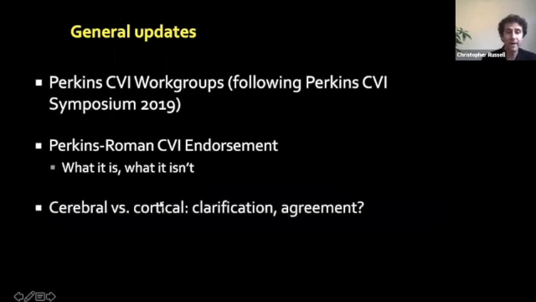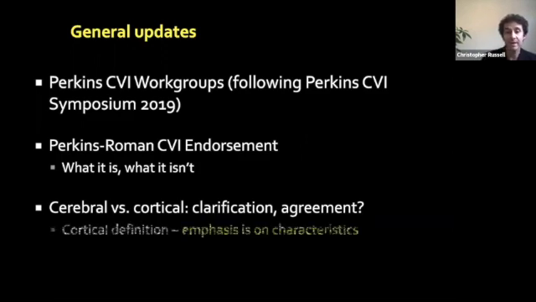Last thing I want to clarify here is the difference between cerebral and cortical. This is probably the most ongoing area of debate in our whole field around CVI, and everyone has different opinions about it. The way that I would explain it is that cortical is a specific condition that is characterized by specific visual behaviors, the 10 characteristics, whereas cerebral is an umbrella category of neurological visual impairments.